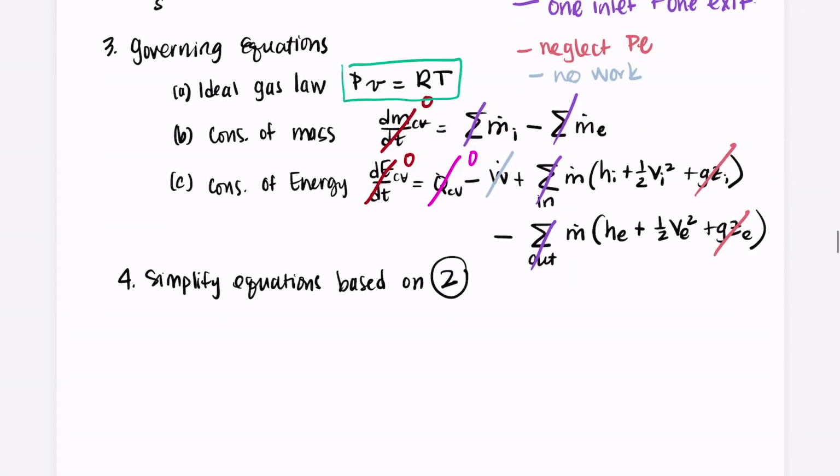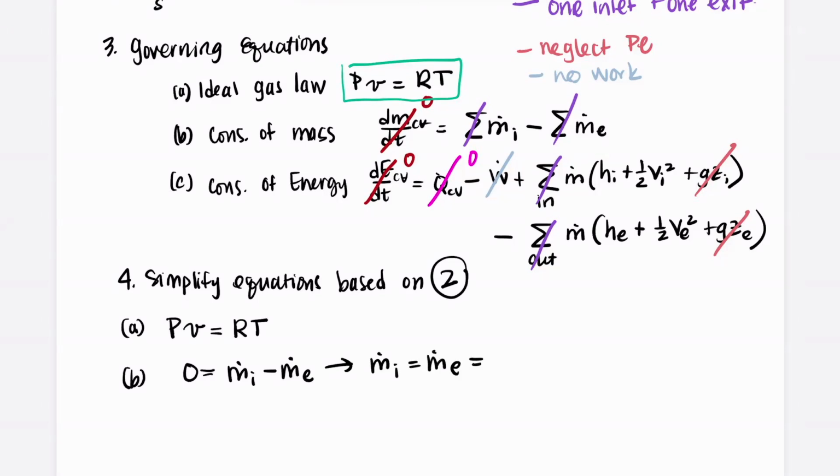So our simplified equations are much simpler. We still have our ideal gas law, PV is equal to RT. Conservation of mass is just 0 equals m dot in minus m dot out, which means m dot in is equal to m dot out. I'm going to call that m dot because we're given m dot.